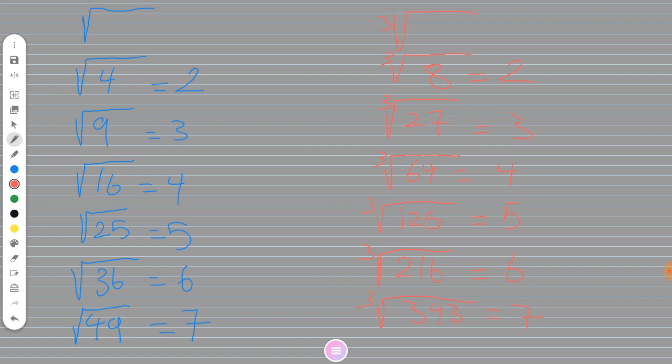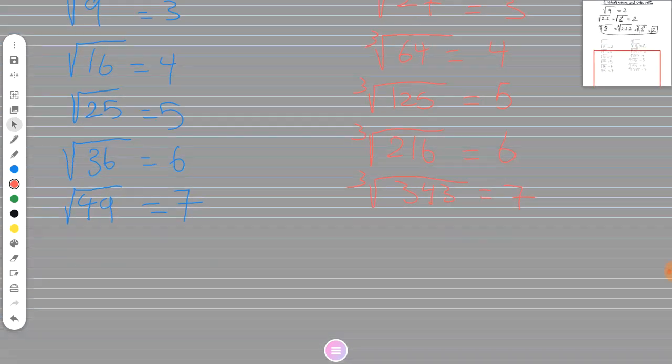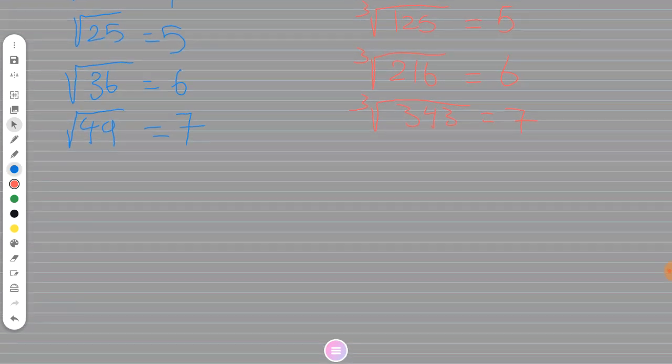And we can continue until we reach 10. Square root of 64 equals 8. Square root of 81 equals 9. Square root of 100 equals 10. Here, cube root of 512 equals 8.